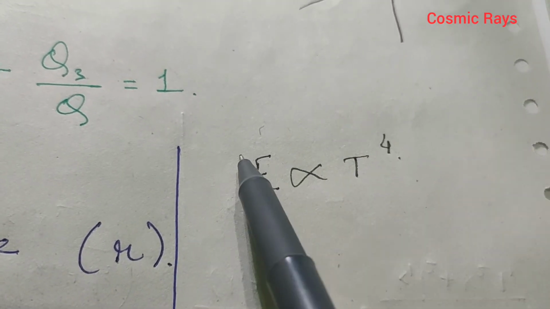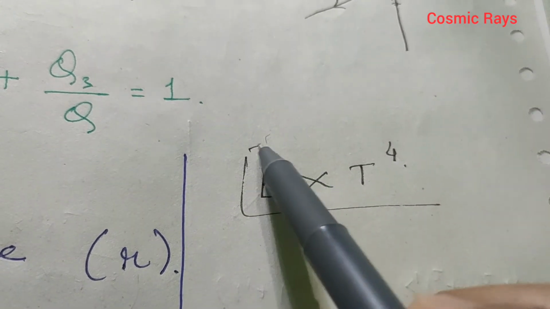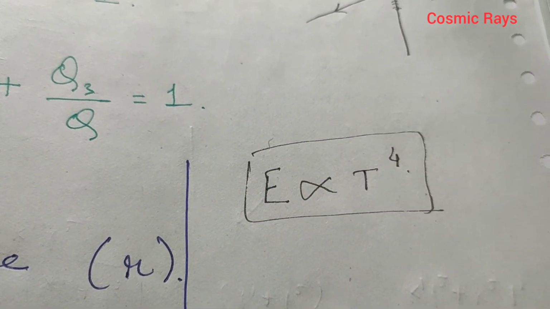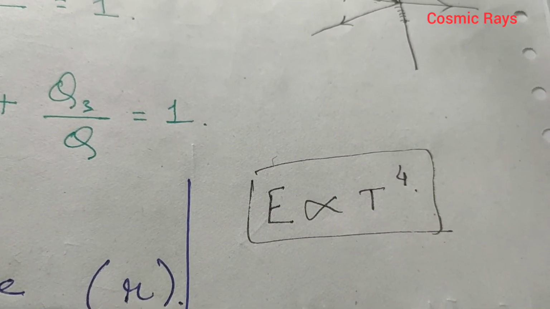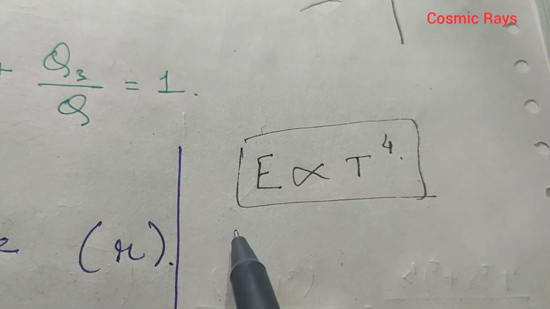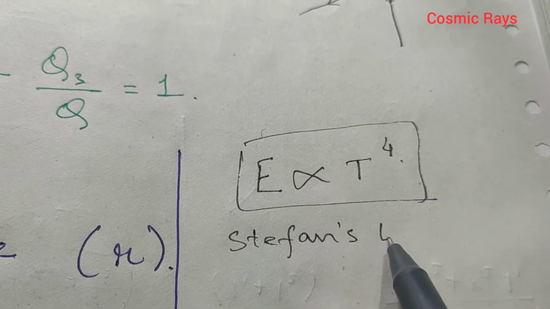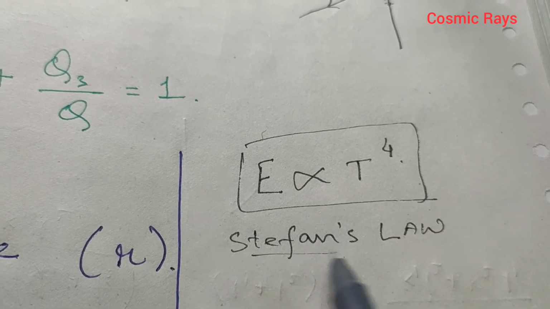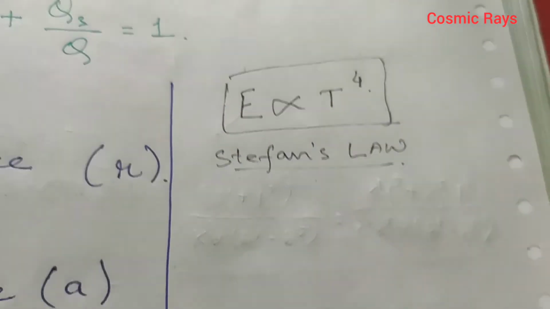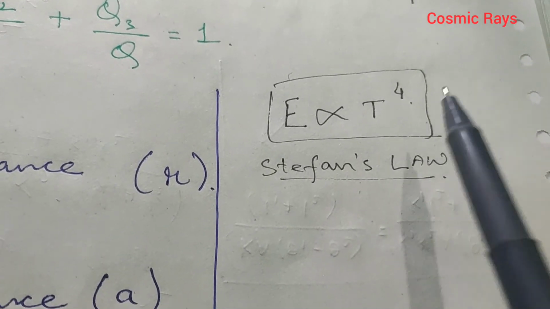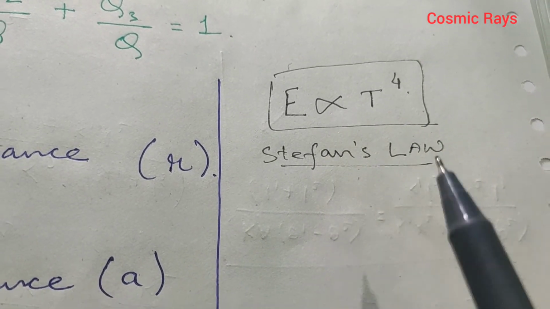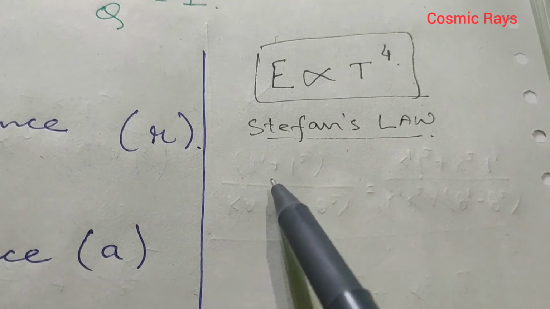Now this relation, that the emissive power is directly proportional to the fourth power of the absolute temperature, is known as Stefan's law. This is known as Stefan's law. Now we all know that if we have to remove this proportionality sign and bring in an equal to sign, then we have to introduce a constant.